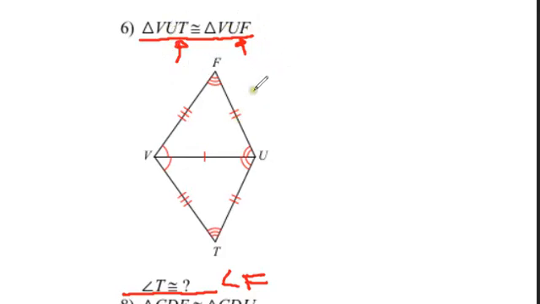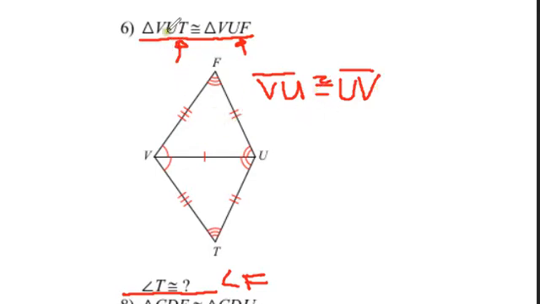So for example, line segment VU would have to be congruent to line segment UV. Now check this out, VU and UV, they're actually the same, aren't they? It's the same line segment, a side of this triangle and a side of this triangle. So of course, this thing is congruent to itself anyway.